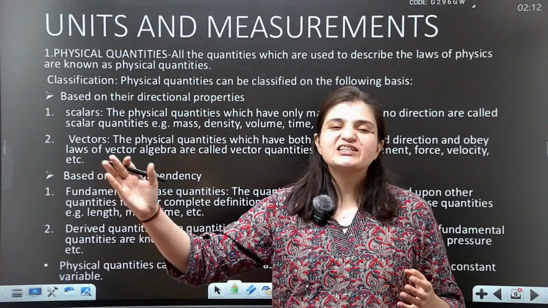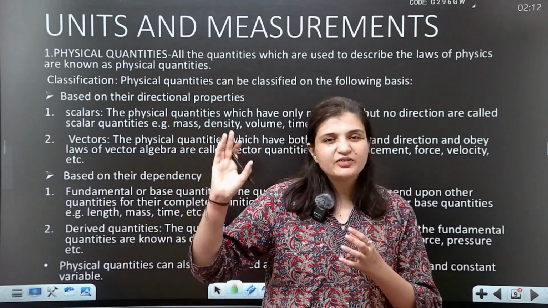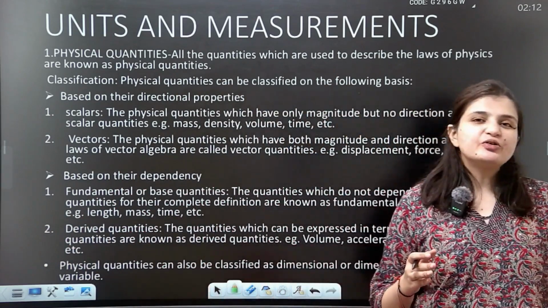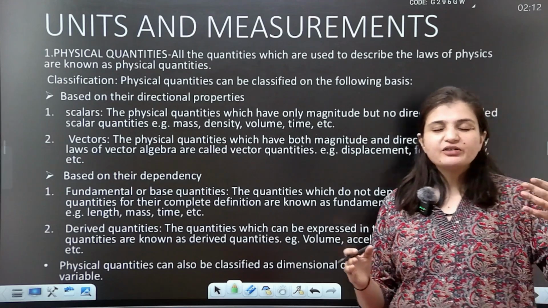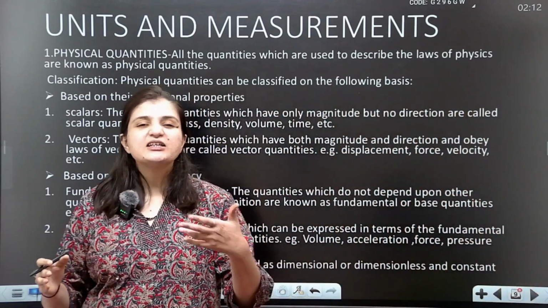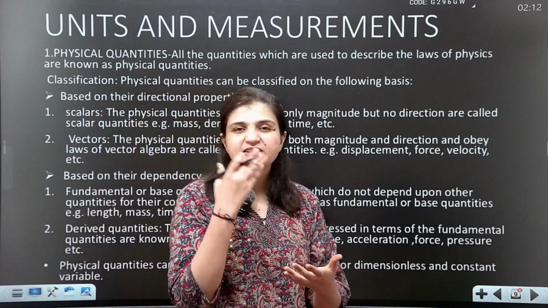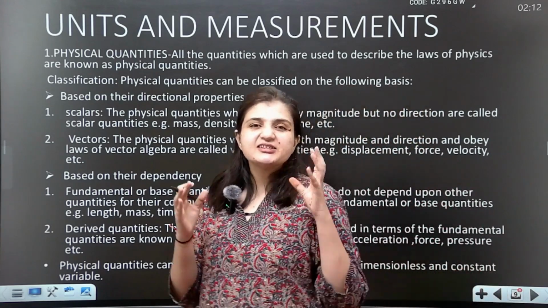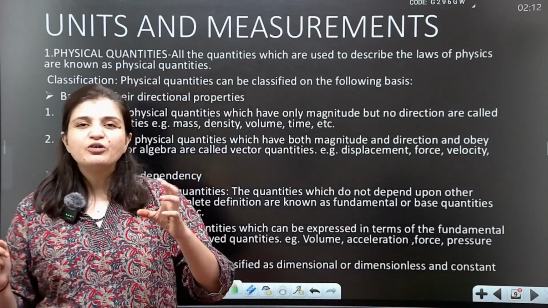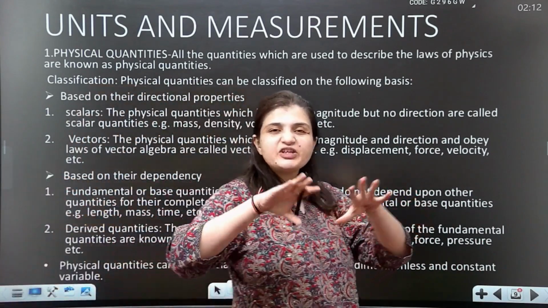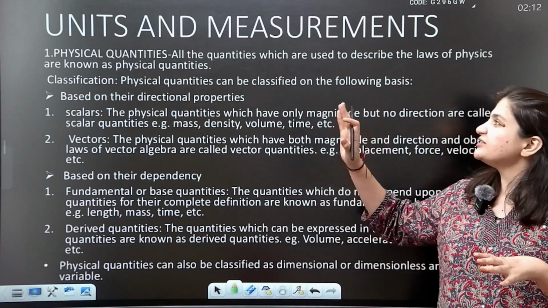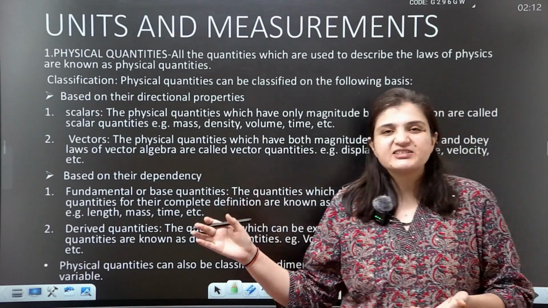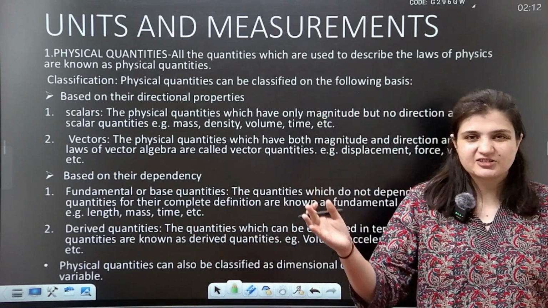We don't call a female by the name "female", we call her by a certain name. Similarly, any relative is labeled with certain names, and we speak to them with that name. So in the practical level, we have also used the concept of units and measurement to specify certain quantities and certain relations.